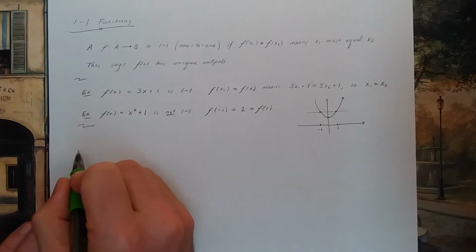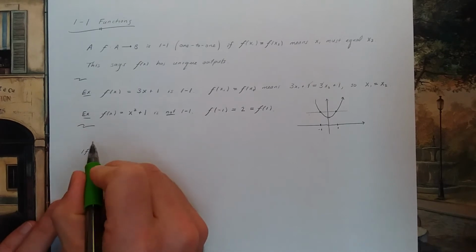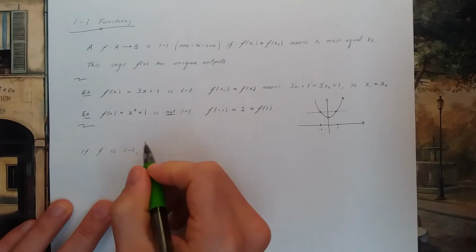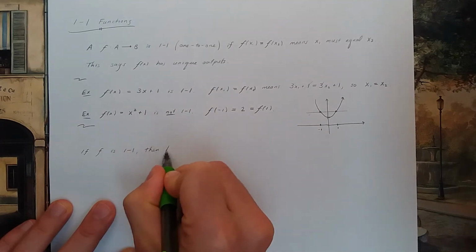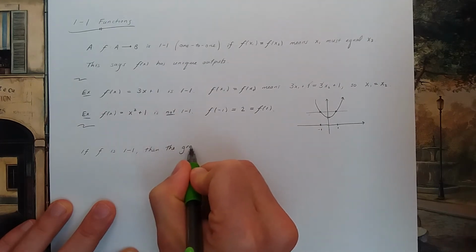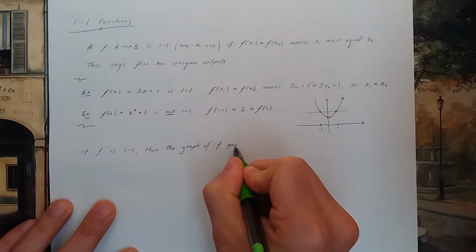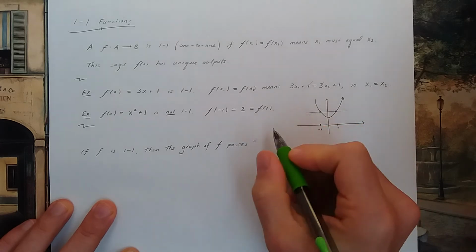Writing down this fact more carefully, I could say that if f is one-to-one, then the graph of f passes the so-called horizontal line test.